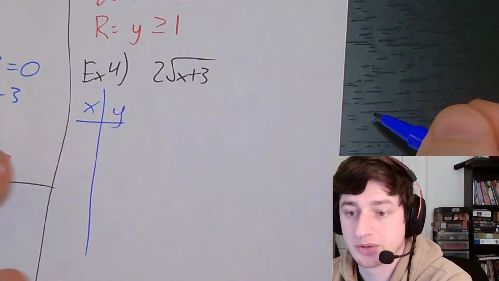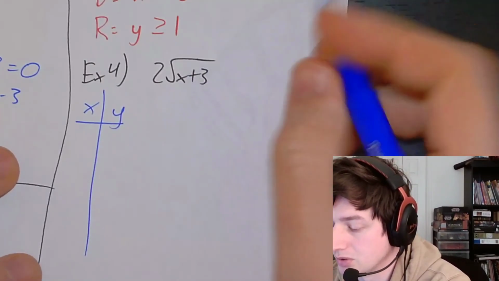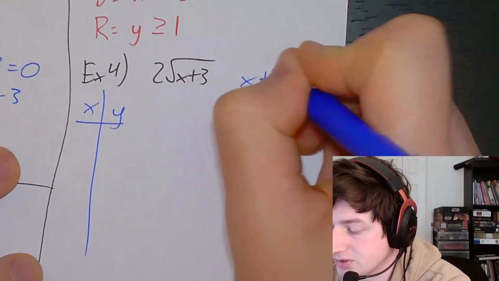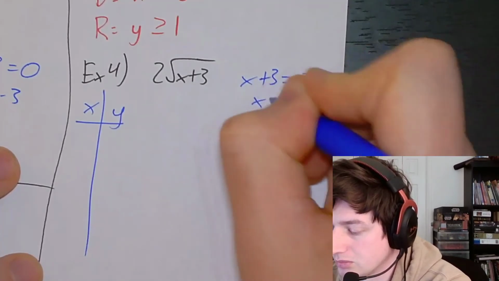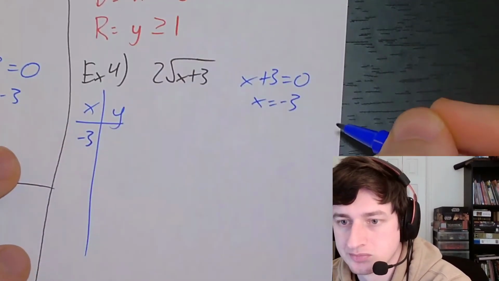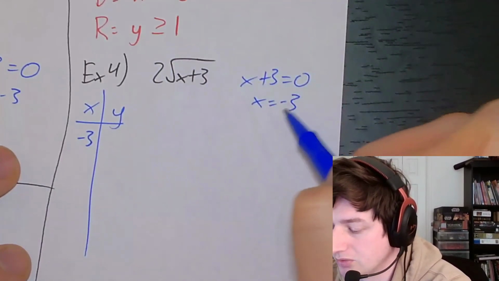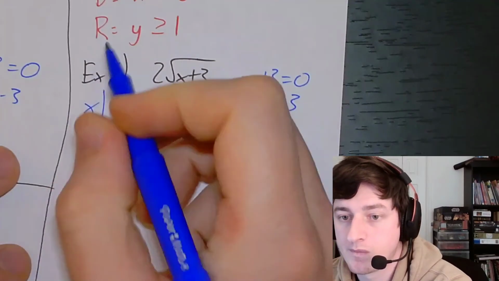So our table, we're not starting at 0 again. So if I put in 0 here, we've missed some numbers. We start where x plus 3 equals 0, because that turns this into 0. So we start at negative 3, and then we're going to go up.